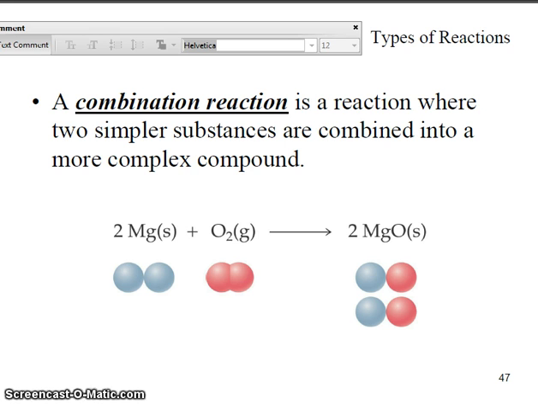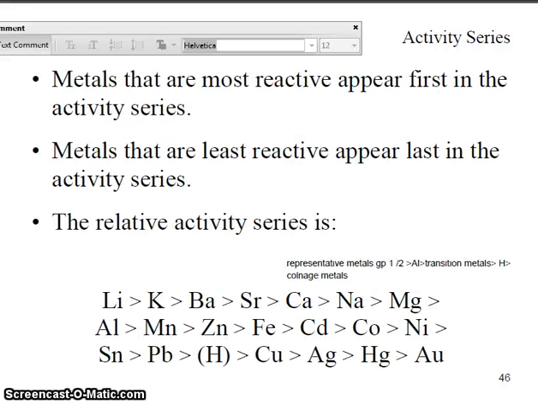So realize single replacement is going to occur in a manner where the more active metal is going to displace the less active one.